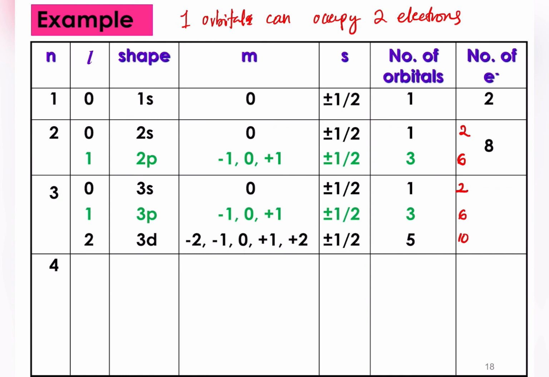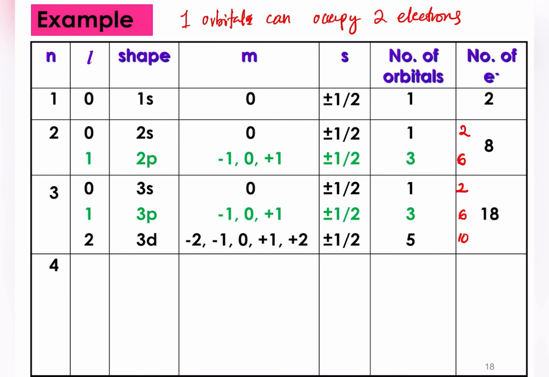Okay, depends on m value. Seterusnya, satu orbital 2 elektron, so 2 untuk first one. And then 6 untuk 3p and 10 untuk 3d. So saya total up 2 plus 6 plus 10, total electrons untuk n equals 3 adalah 18.